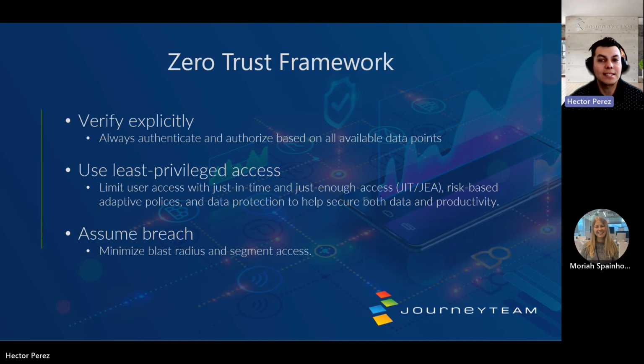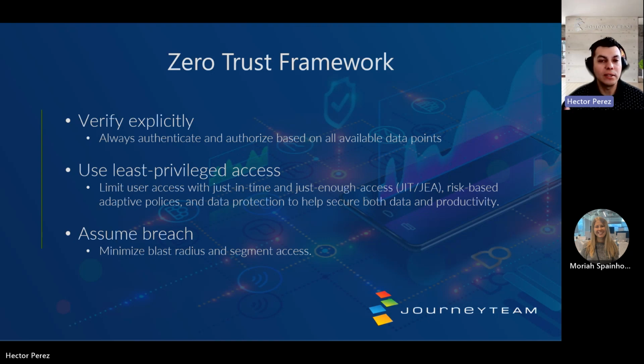The next piece of this is using least privileged access. So we assign specific roles to administrators to access the systems that they need to oversee, but in a way that's minimal. So we're not giving them access to everything. We're only giving them access to the specific things that they oversee and administer, and also implementing technologies that allow you to enable that specific role and access at the time that they need it, as well as just enough access.